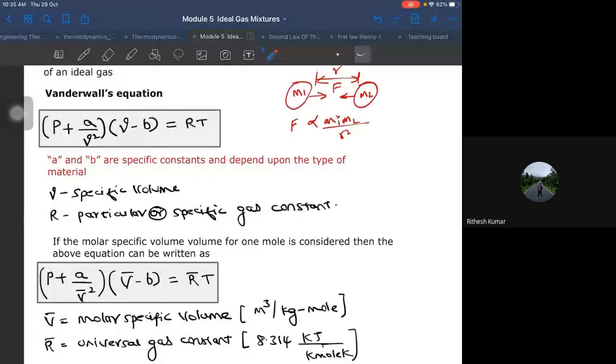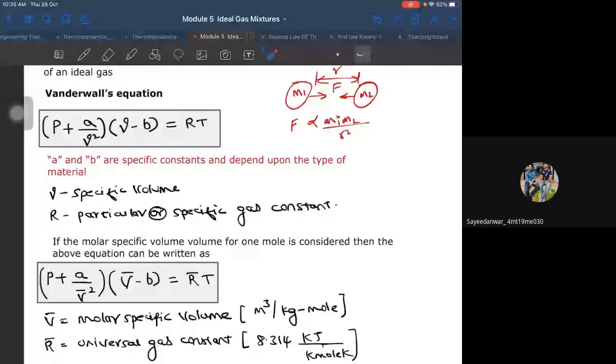Ritesh, can you just repeat the first form in terms of the specific volume, which is small v, Van der Waals equation? Small b. Just repeat it, looking at the screen. P plus a by v square, bracket v minus b equals RT. Very good.